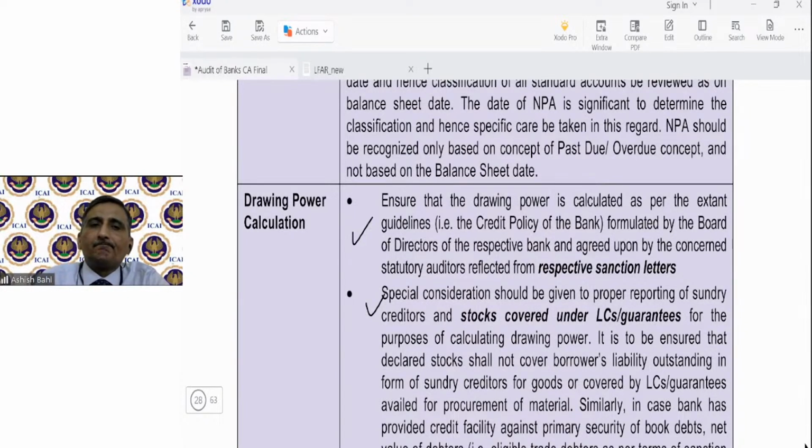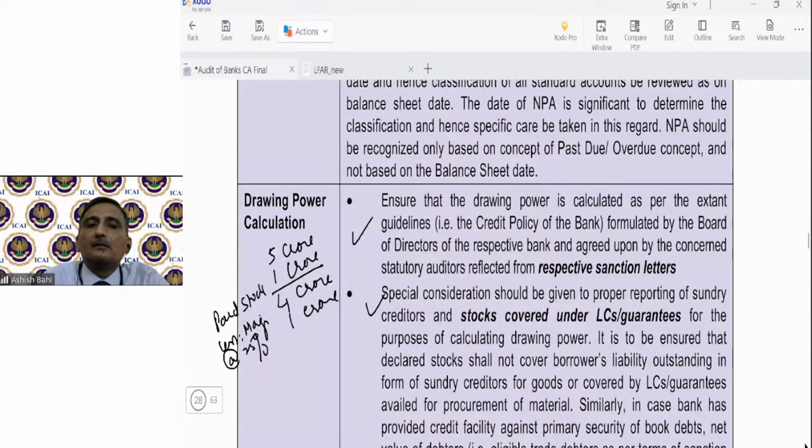Say the value of stocks of a company is 5 crores as on a day, and creditors outstanding are rupees 1 crore. So what is the value of paid stock? Paid stock is 4 crore. And say margin is 25%, so margin is 1 crore.